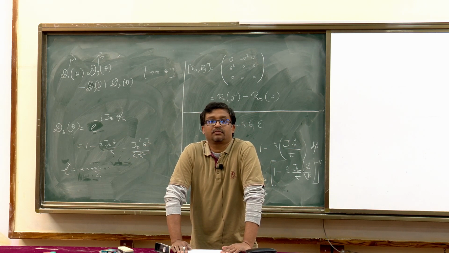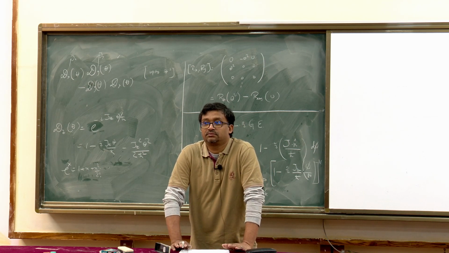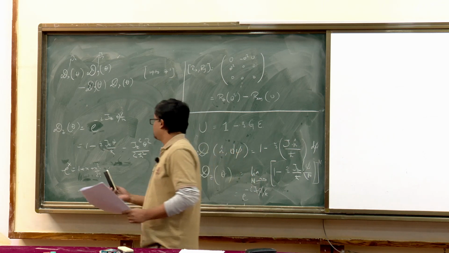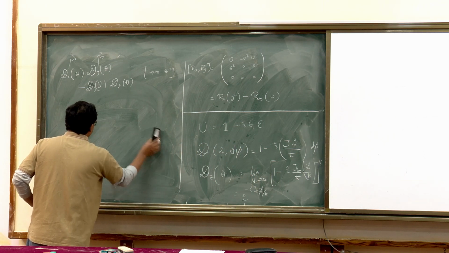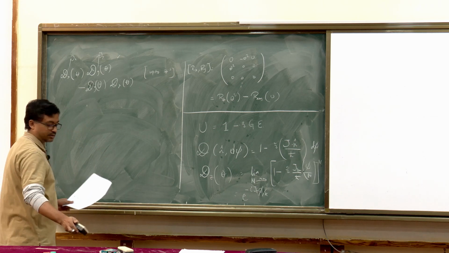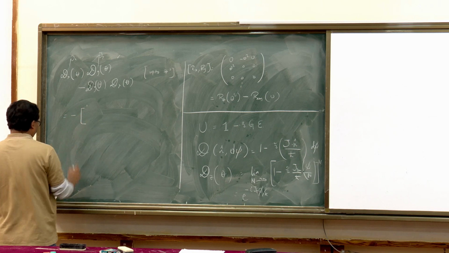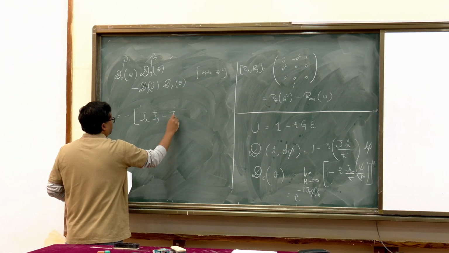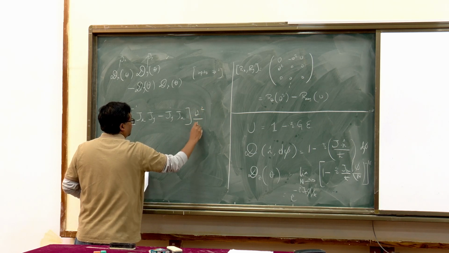Anyone? No, it will not be 0. What you should get is minus Jx Jy minus Jy Jx, theta square by h bar square.